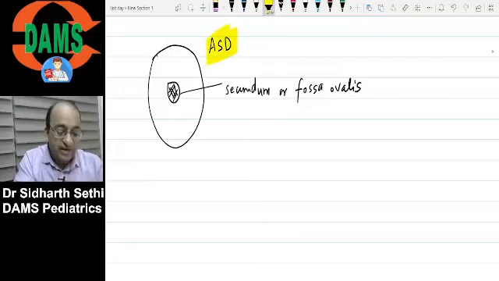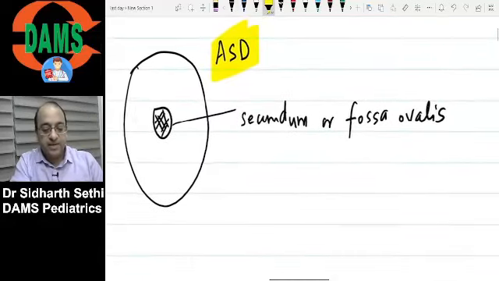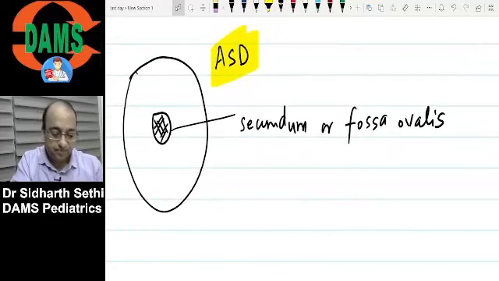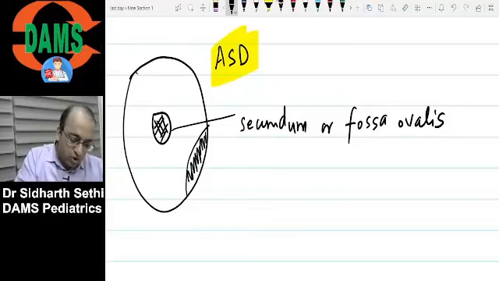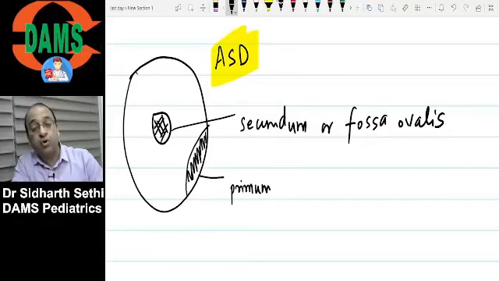Then there is a big cleft in the septum on the medial aspect called primum, ASD primum.